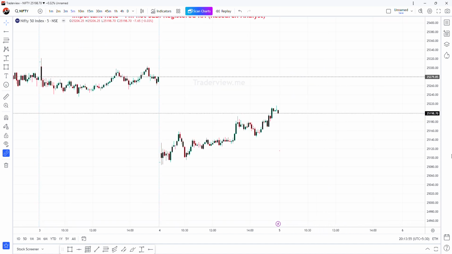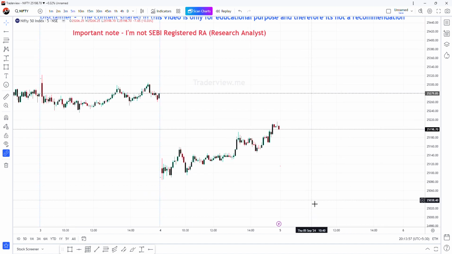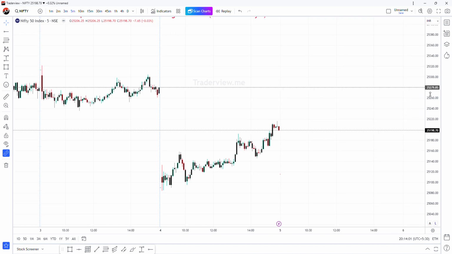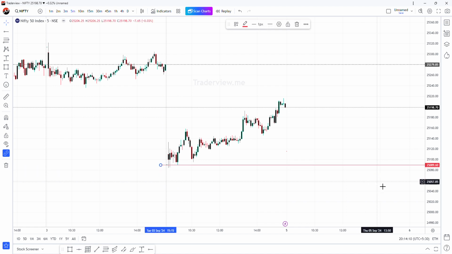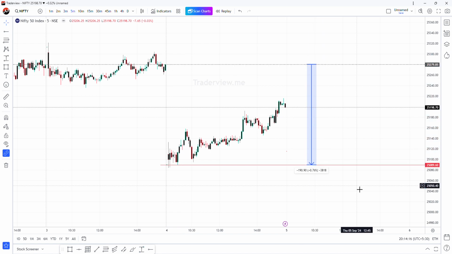Okay, so what has happened to the Nifty today? Yesterday the closing was around 25,279 and today the Nifty opened at 25,089. So it's almost 190 points of gap down open.